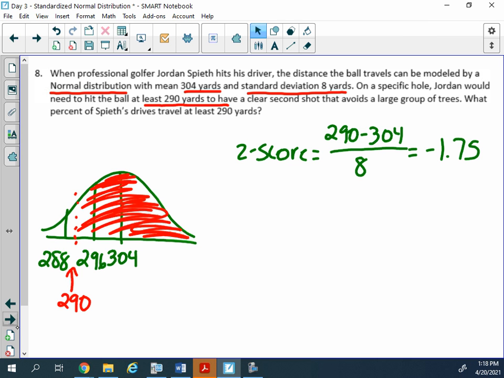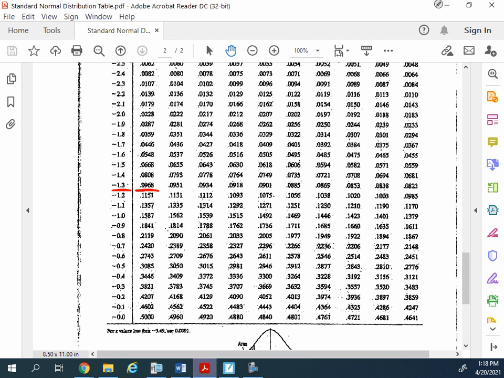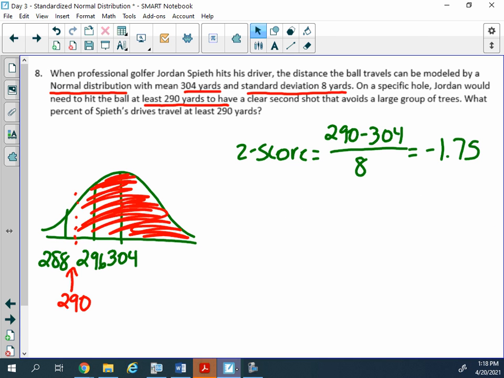So I go ahead and do negative 1.75, and I go to my negative spot. So I go to negative 1.7, and then we're at 0.005. So I go over 0, 1, 2, 3, 4, 5. So I'm at 0.0401, and I think that's a 1. It's kind of hard to tell. Sorry, guys. Okay, so now from here, this percentage is 0.0401.